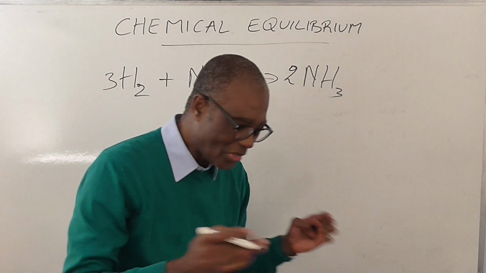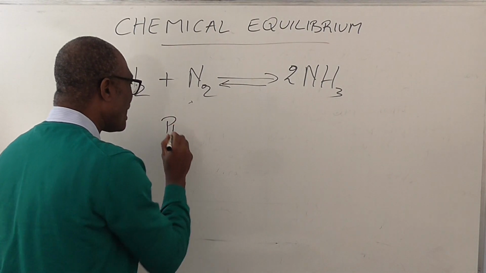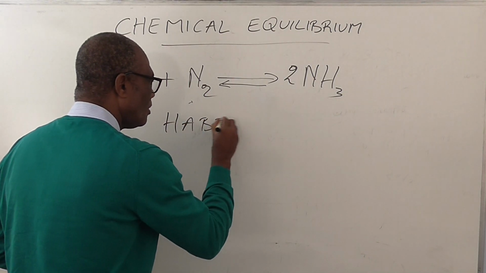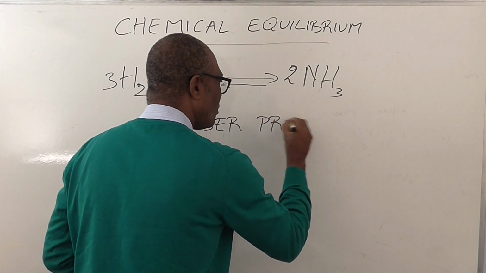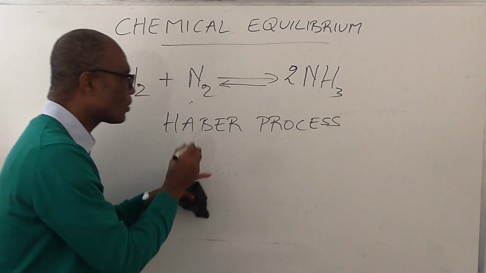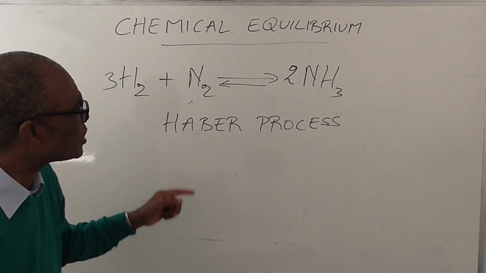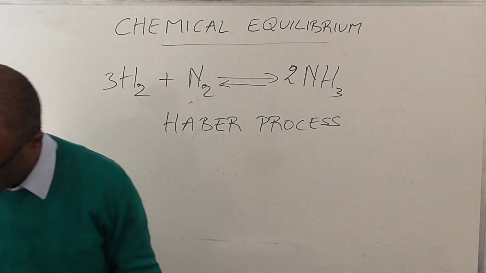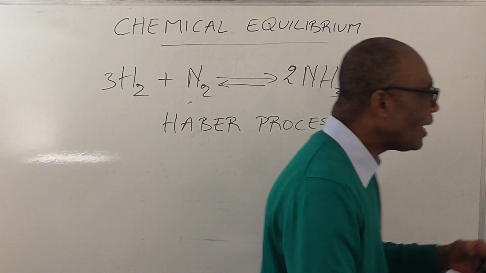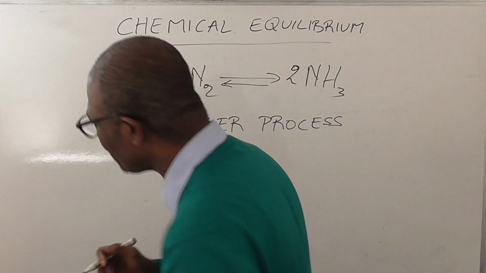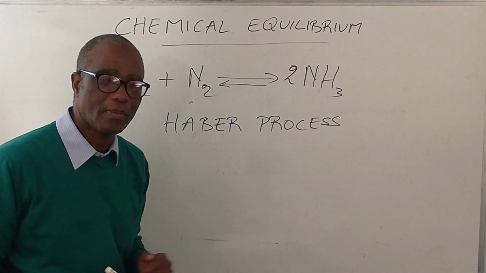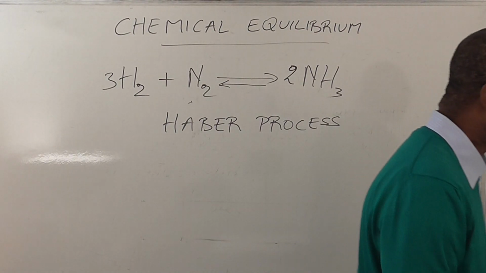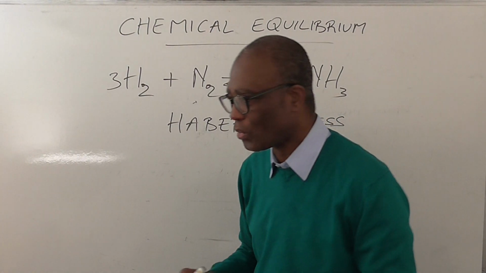Here is the Haber process, the production of ammonia in industry. In industry, in which condition is ammonia produced? Look.